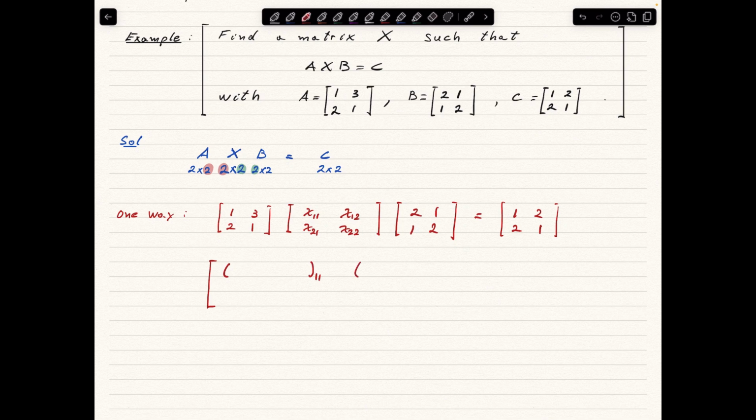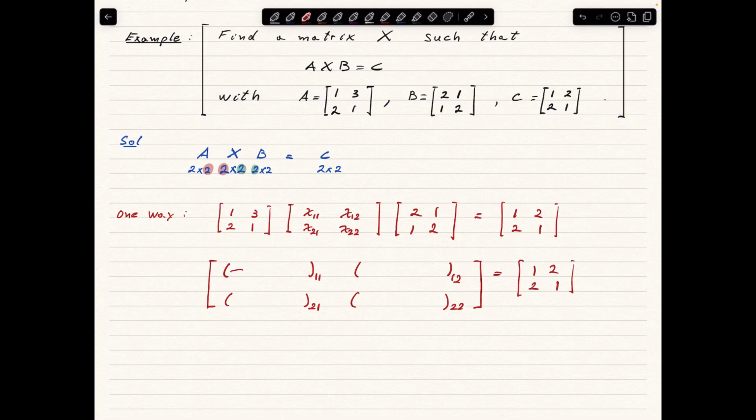Then it's going to have another big coefficient here, 1, 2. Coefficients 2, 1. Coefficients 2, 2. And that has to be equal to the matrix [[1, 2], [2, 1]].